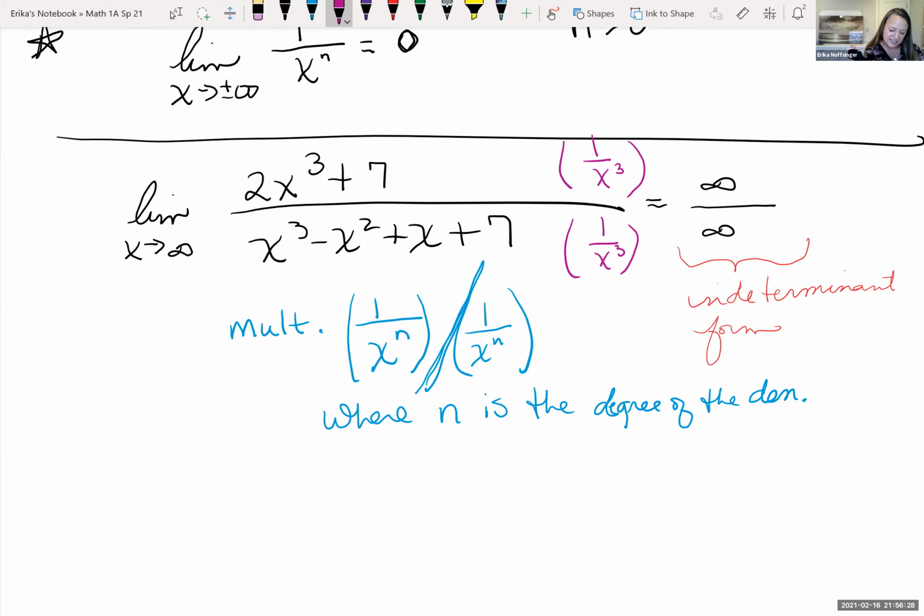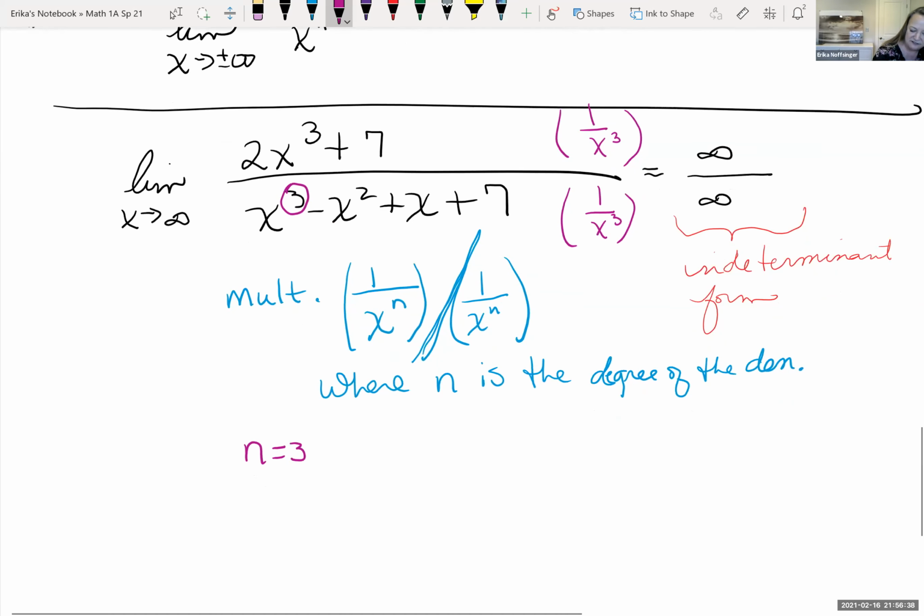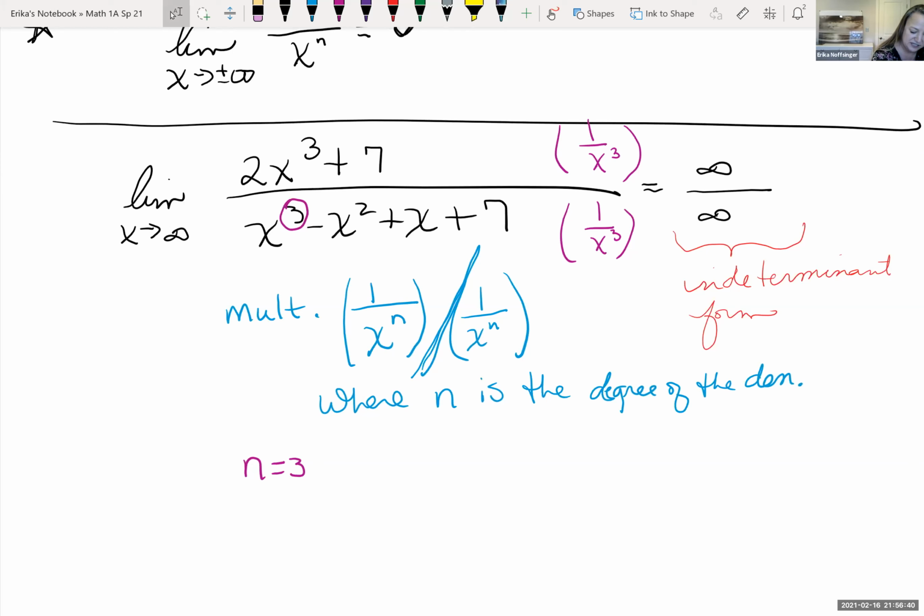So in our case, n is equal to 3, the degree of our denominator. So if we go through here and divide every single term by x cubed, we would have this limit as x goes to infinity of 2x cubed over x cubed plus 7 all over x cubed.